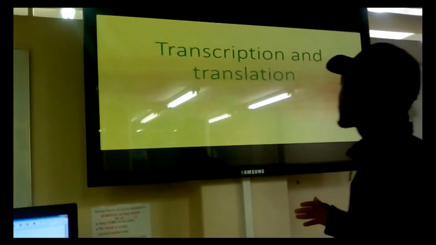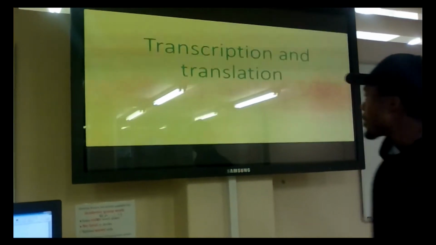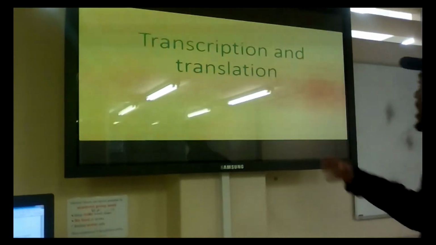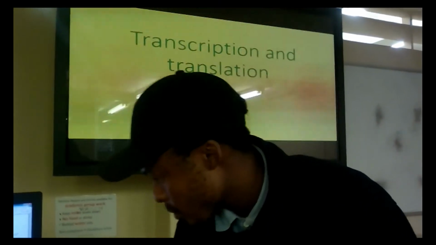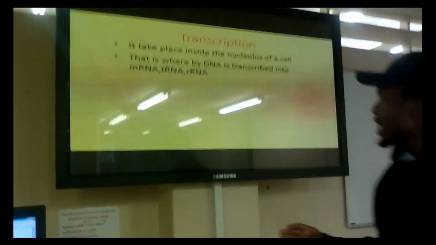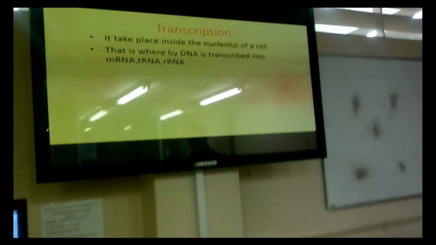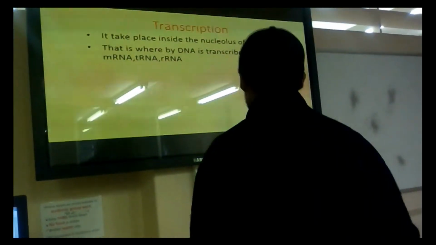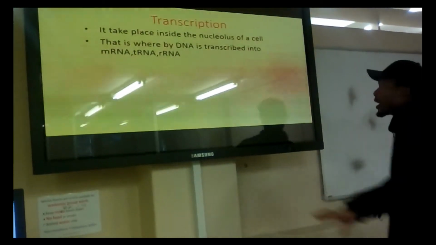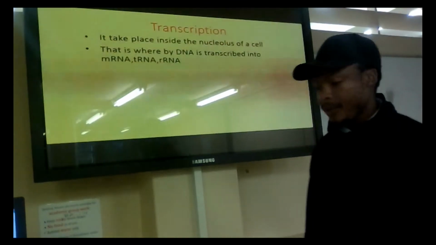So what you should know is that transcription takes place inside the nucleus, and translation takes place in the cytoplasm. In the nucleus, DNA is transcribed into mRNA, ribosomal RNA, and transfer RNA.